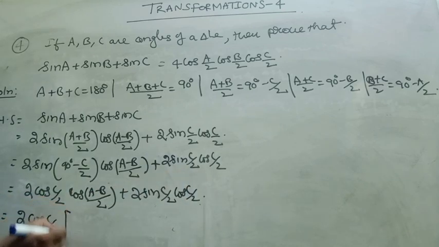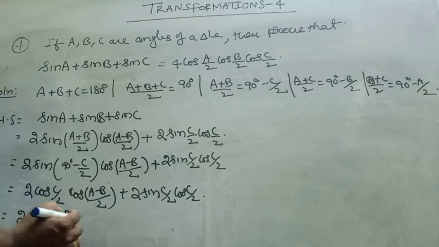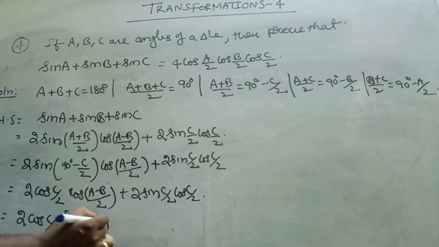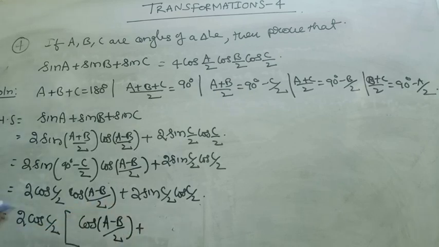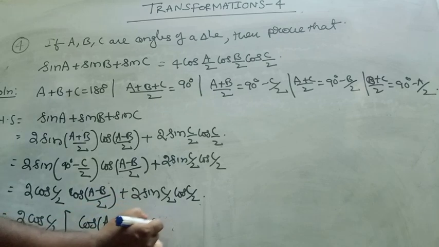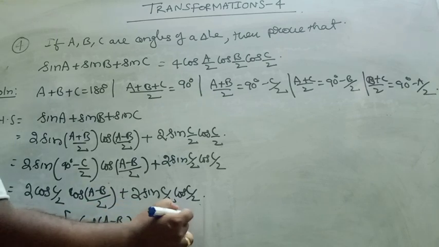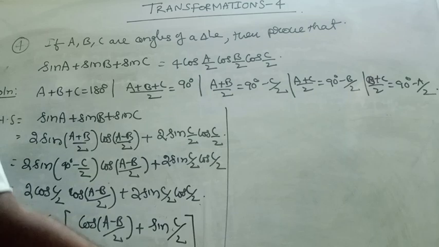Now you have 2 cos C/2 common. If you take this common, what will you get? Cos (A minus B)/2 plus sin C/2. Wonderful.